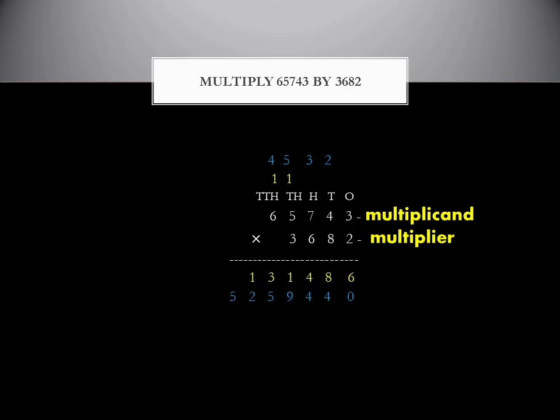Write 4, carry forward 3. Then 8 7s are 56 plus 3 equals 59. Write 9 and carry forward 5. Then 8 5s are 40 plus 5 equals 45. Therefore write 5 and carry forward 4. Then 8 6s are 48 plus 4 equals 52. So we get the answer 52,59,440.